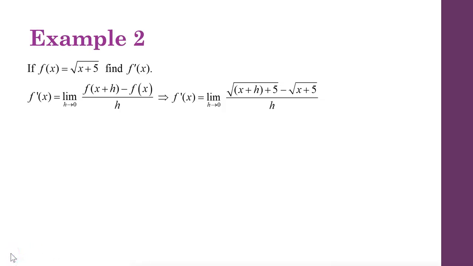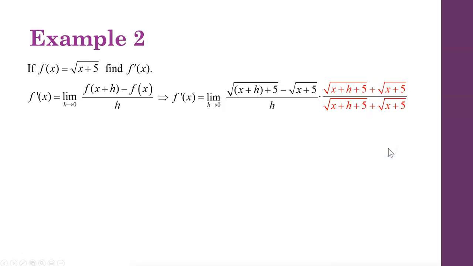Multiplying by the conjugate allows us to rationalize the square root, so get this numerator rationalized, get rid of the square roots in the numerator, and simplify it. So remember, you multiply by the conjugate. You got to multiply both on the top and on the bottom, right? So the conjugate, again, just changes this subtraction to an addition, and then we got to multiply it on the bottom also.